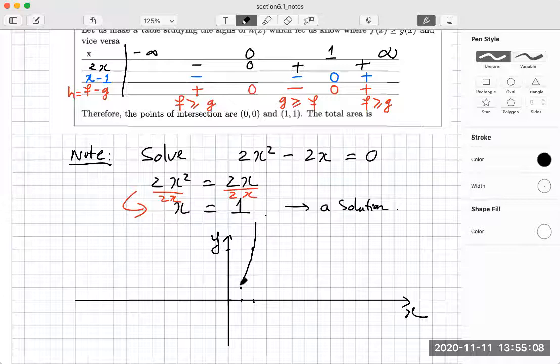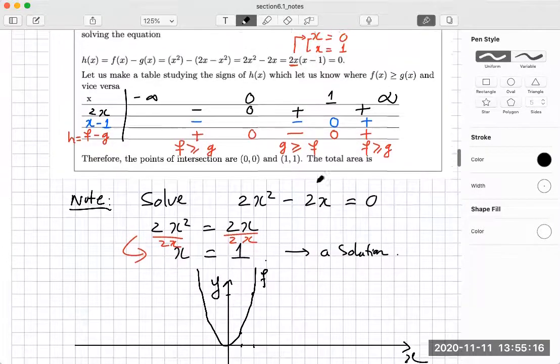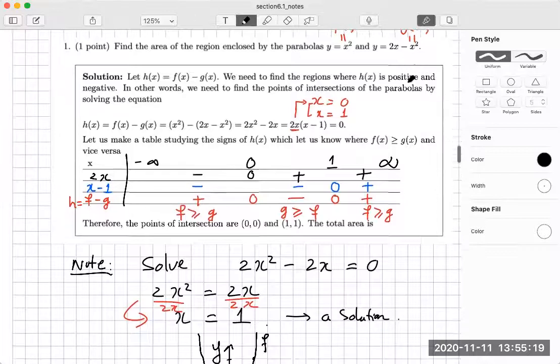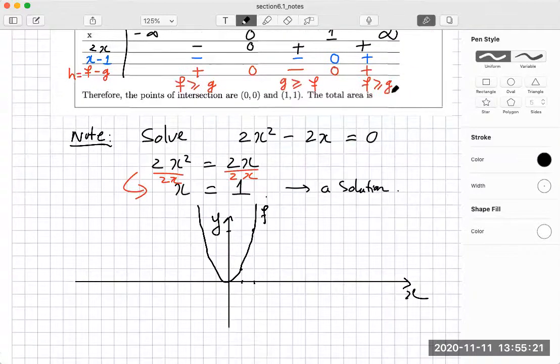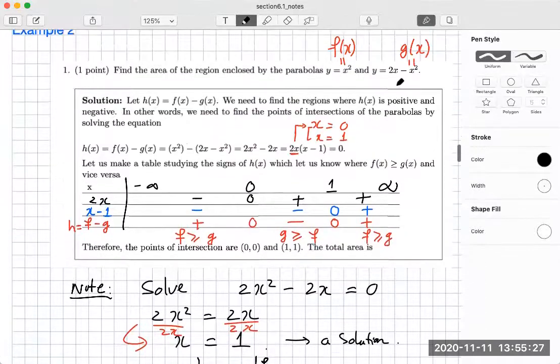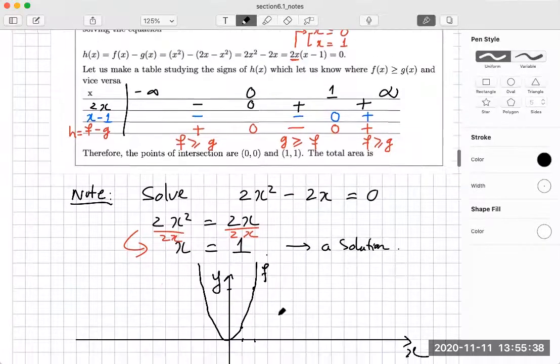It would be this curve, the function f. And here, 2x minus x squared, it will have the shape of this one. It has factors x and 2 minus x. Therefore, there are two solutions at 0 and at 2, right?